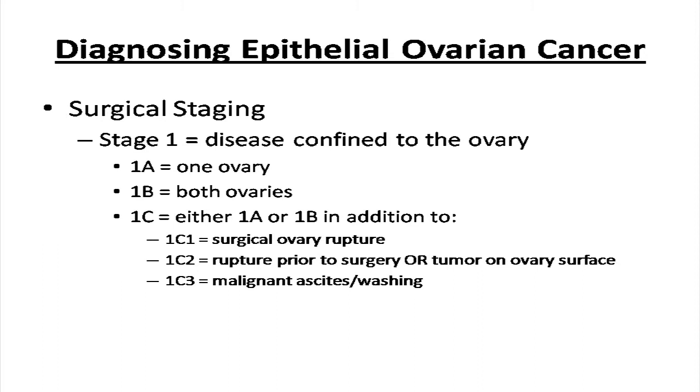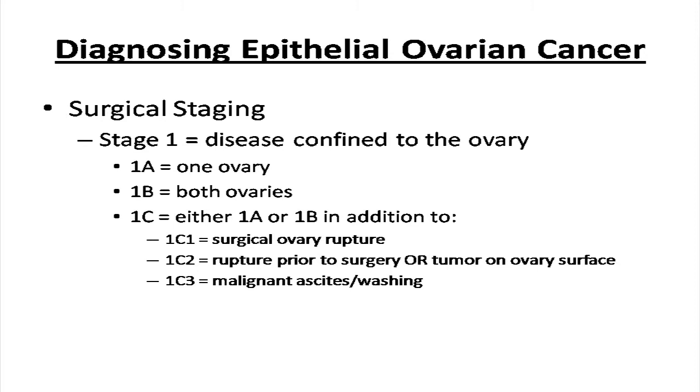Stage 1C2 suggests that the ovarian mass has ruptured prior to surgery, or at the time of surgery and pathological evaluation, there is tumor on the surface of the ovary. Stage 1C3 is when there is malignant ascites or washings.